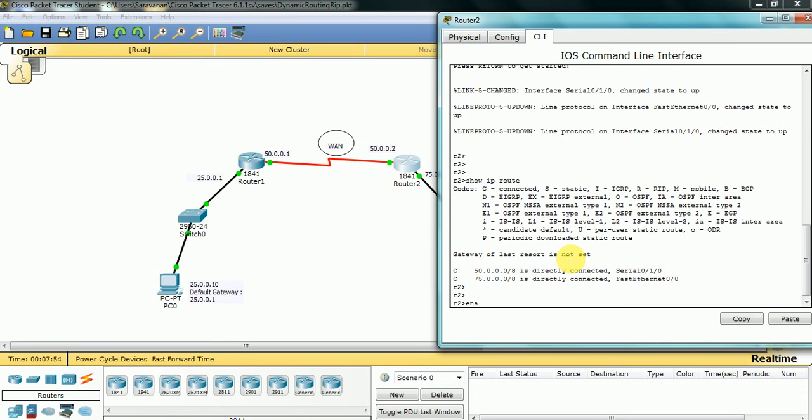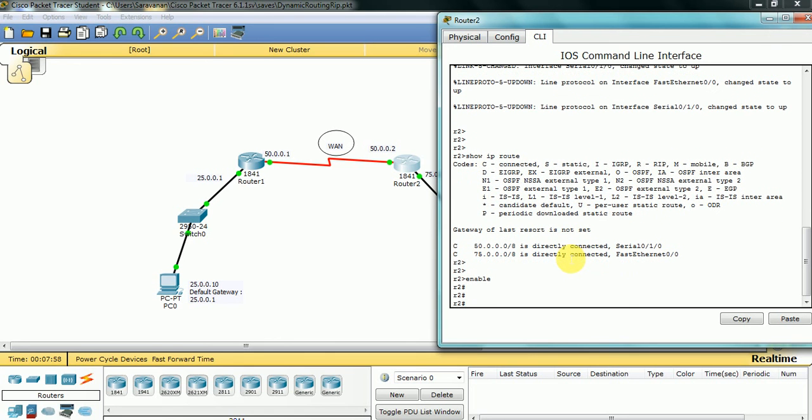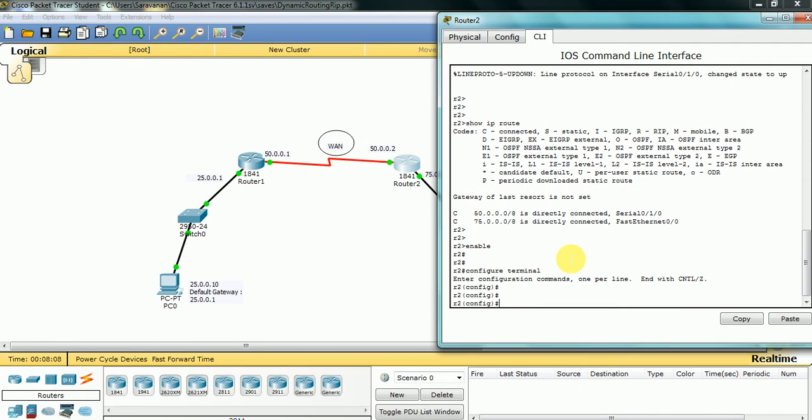So let me go to enable, and here configure terminal. In the configure terminal, we are going to implement this RIP protocol. For that, the command is router rip.